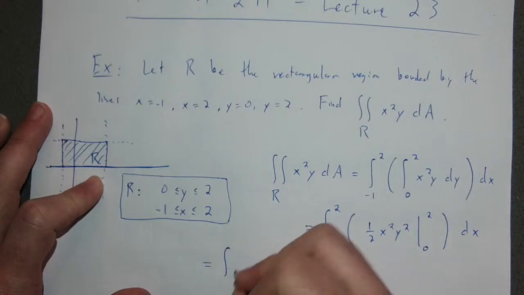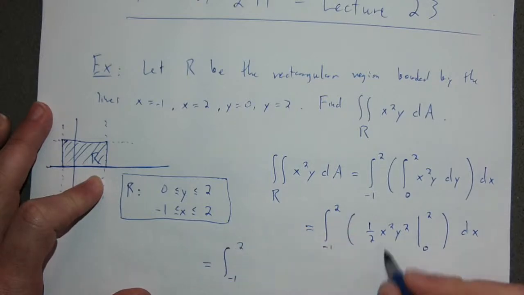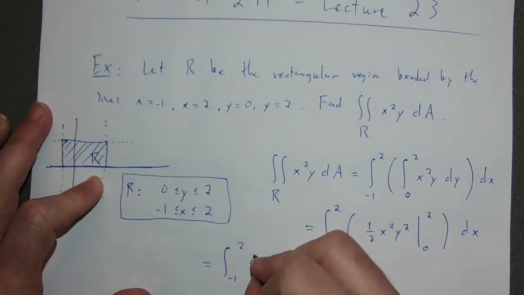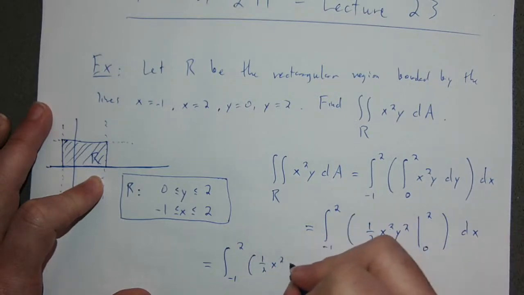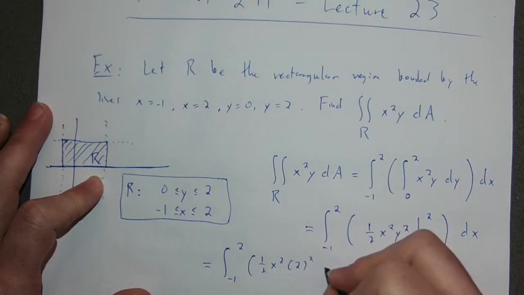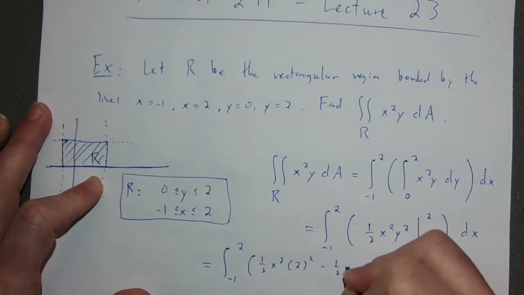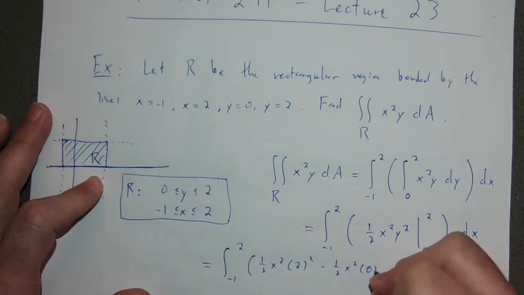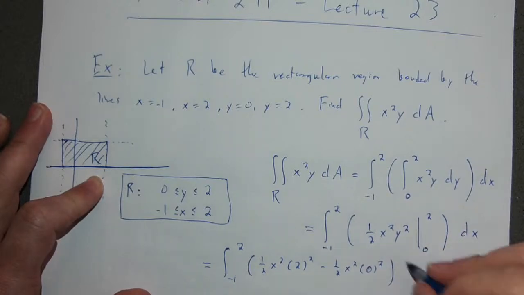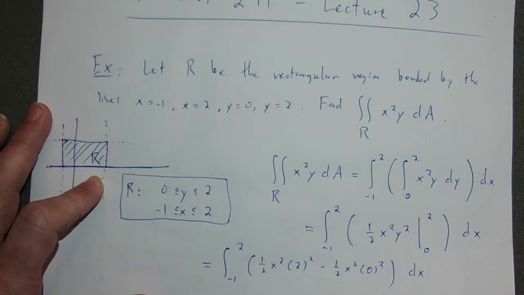So this is the integral from -1 to 2 of 1/2 x squared 2 squared minus 1/2 x squared 0 squared dx.